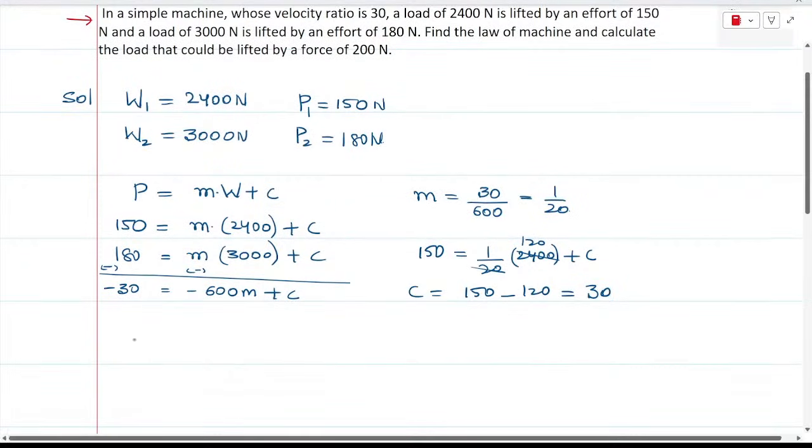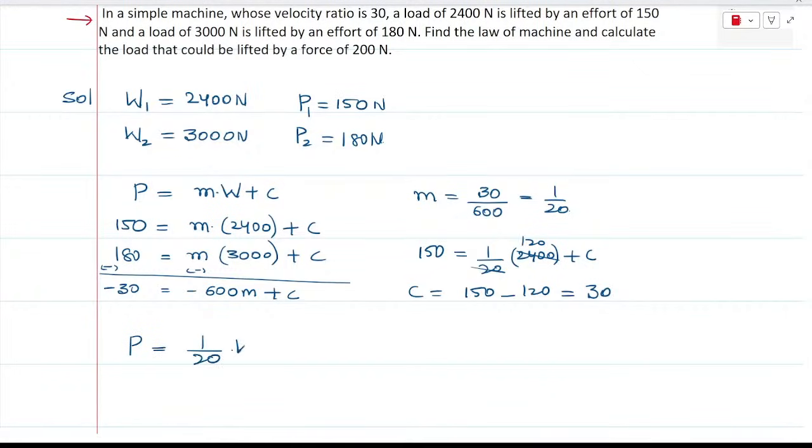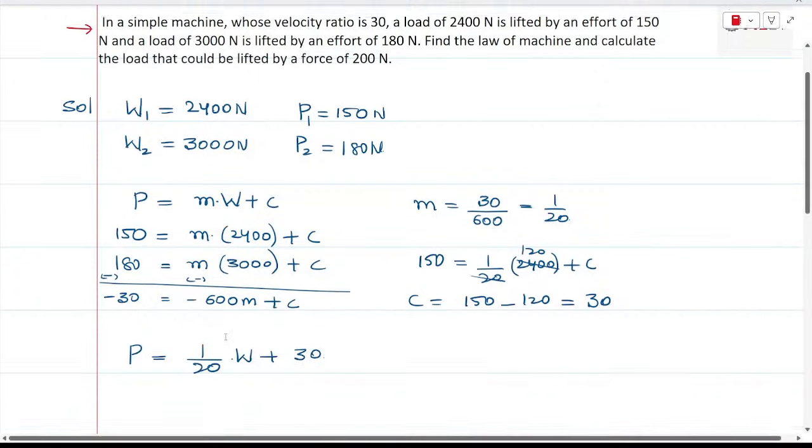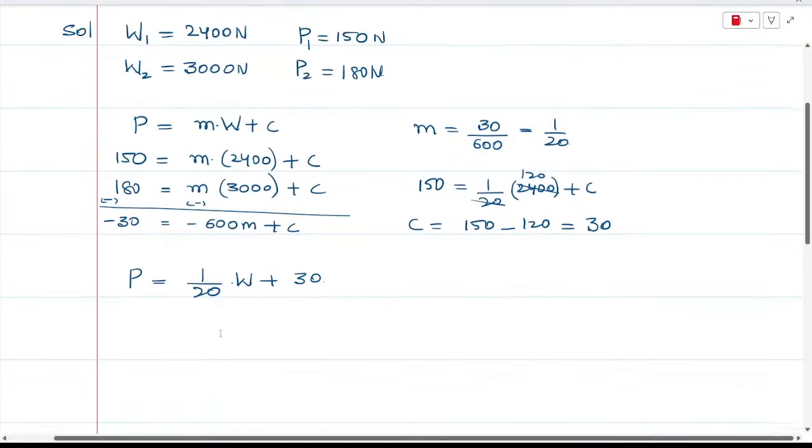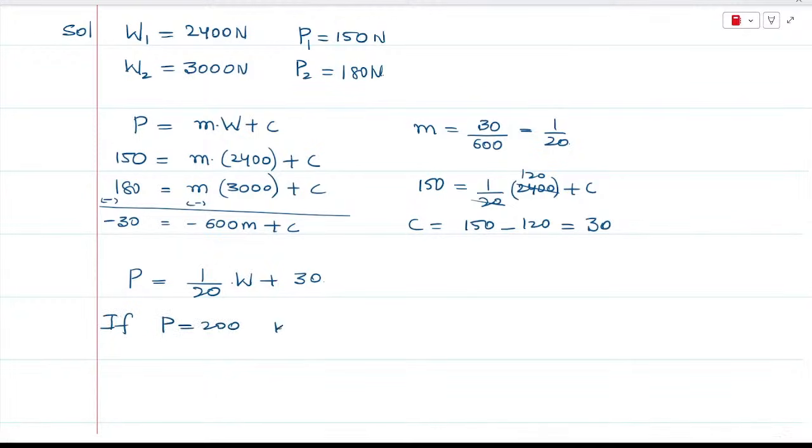So now the law of machine will be P equal to 1 by 20 times W plus 30. Next we need to calculate the load when the effort is 200. So if P is equal to 200, the value of W needs to be estimated.